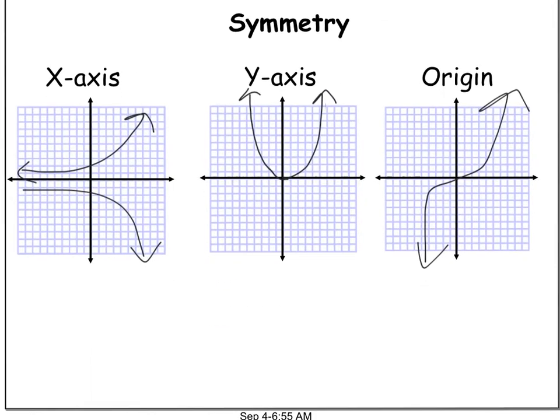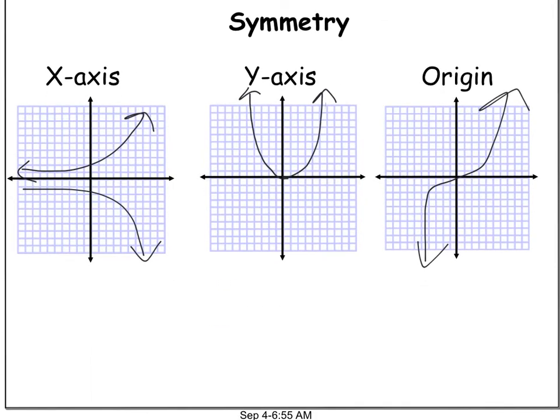Now let's talk about symmetry. Okay, there's 3 different types that we'll look at. And here's what's going on. Let's say, and these points may not match exactly because I didn't make this graph super accurate, let's say, like right here, that this graph goes through the point 4,2.